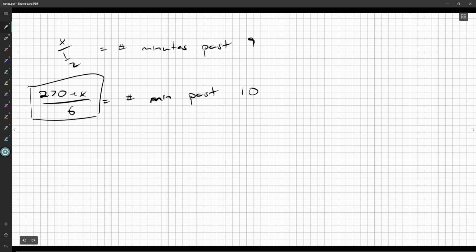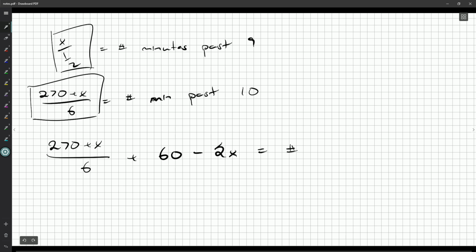So this number plus 60 minus this number should give me the number of minutes. I'm going to stop writing x over half and just write 2x. Okay. So that would be the number of minutes in the time it took to paint. Who was painting? It was Jimmy? Yeah, Jimmy.